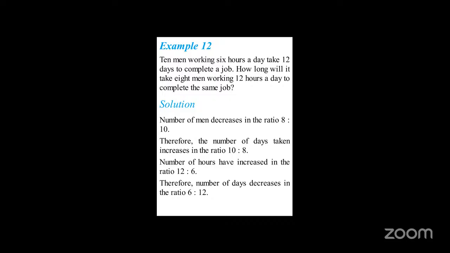whereby you can decide to come up with a table here, whereby we have men, hours, days. Initially, we have 10 men working 6 hours, takes 12 days. Hiyo ni ya kwanza.